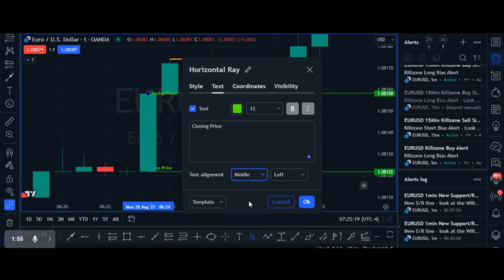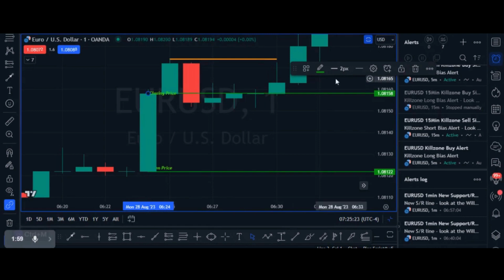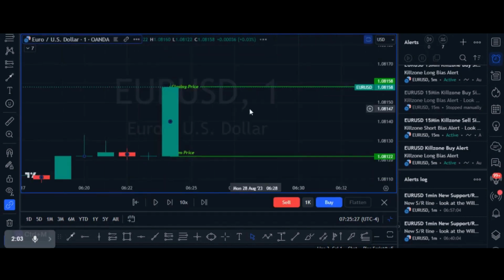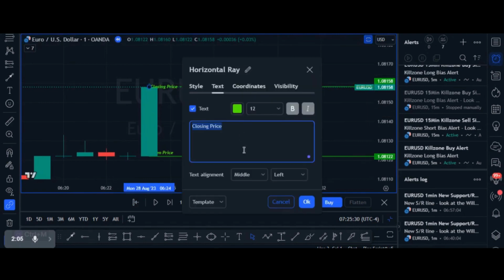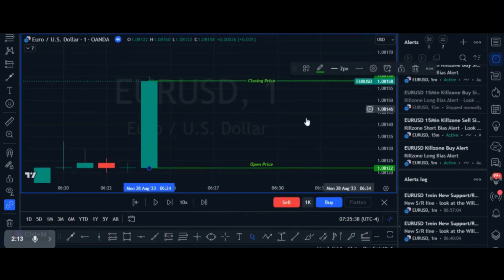Let's make this middle. Can't really see it, I know. Let me do this so we can see a little bit better. There we go. Open price, close price, okay?